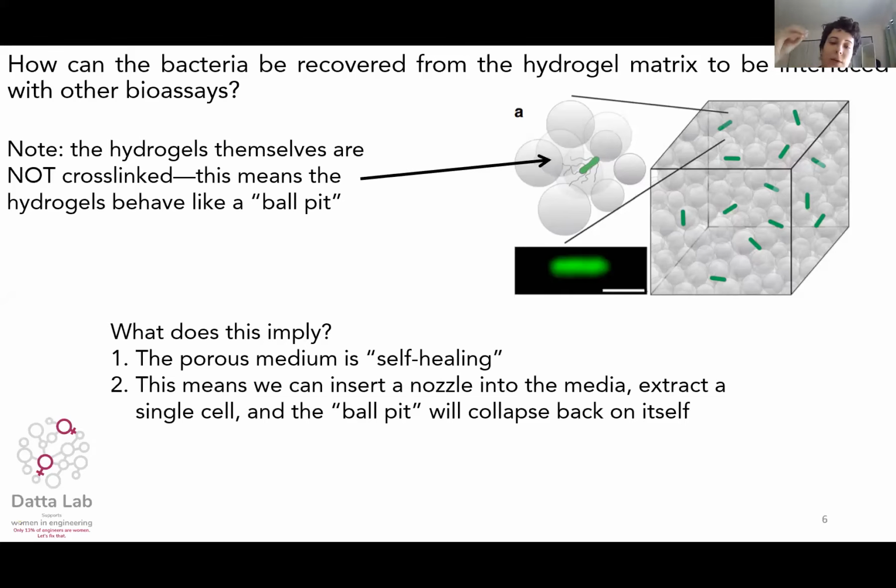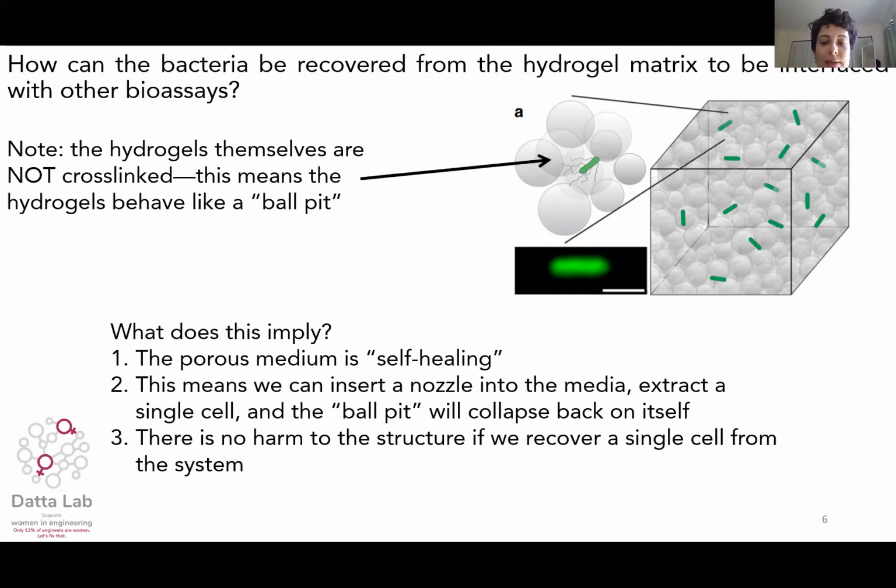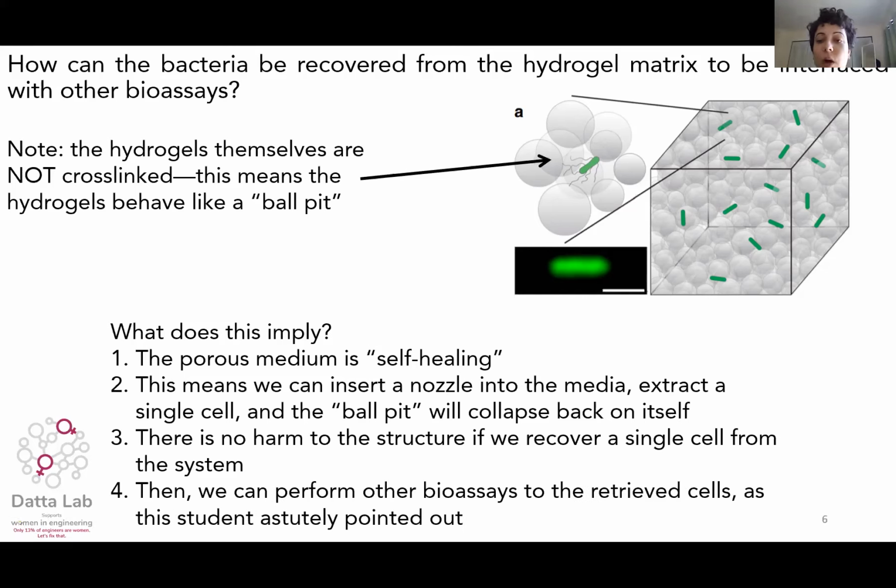But if I put the nozzle in the media, once I remove it, the ball pit will collapse again, so there will not be any destruction of the media. If you imagine when kids jump in a ball pit and then come back out, all the balls collapse into that open space. So we would definitely be able to recover the bacteria from this media, and that means we can do other bioassays on the cells after we have put them in the porous media.